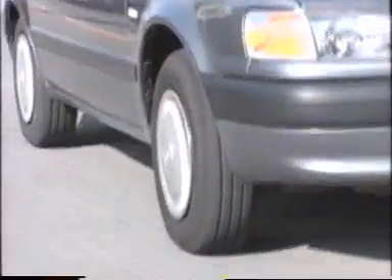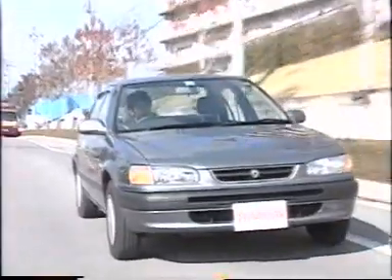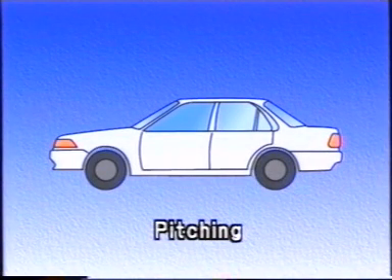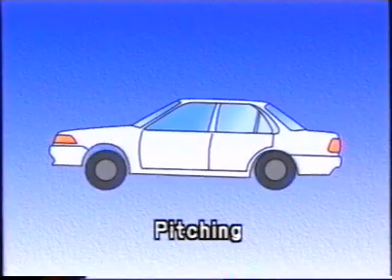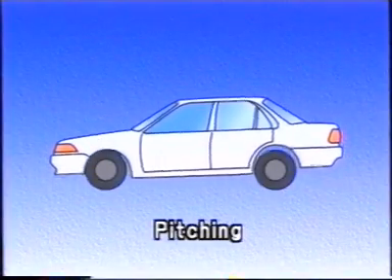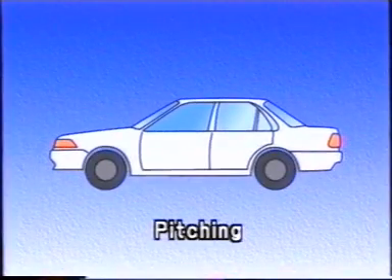Let's take a look at the kinds of jolting and shaking which occur in an actual vehicle. The first is pitching. When the vehicle goes over large bumps in the road surface, or when driving on a rough track, the front and back of the vehicle move up and down in opposite directions.